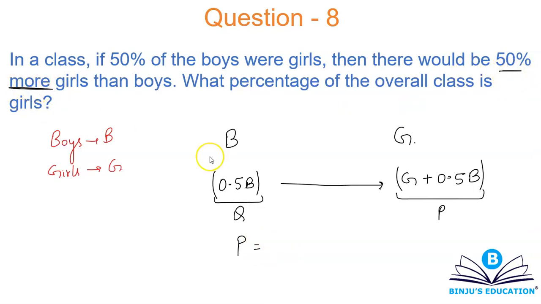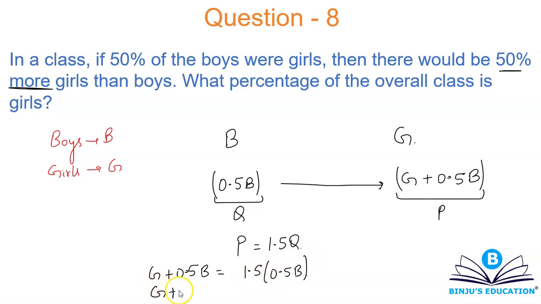More basically stands for change, or you can say P will be equal to 1.5 Q. Because it's 50% more, it's not 50% off, it's more. So you're adding something, okay? So this will basically give you that G plus 0.5 B is equal to 1.5 into 0.5 B.